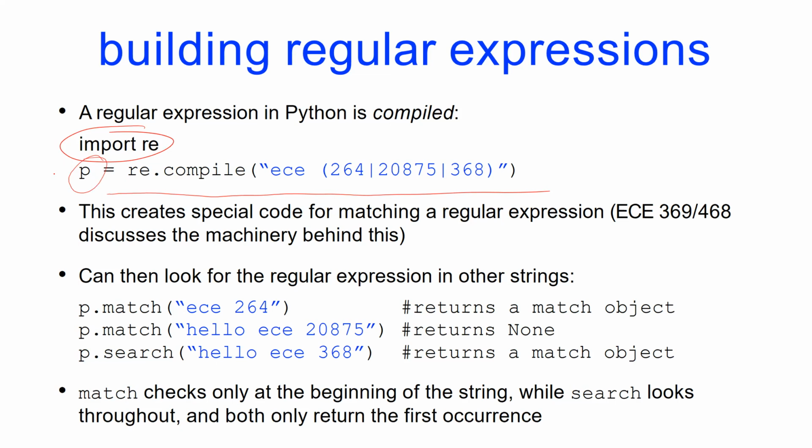What we can change is inside here, the place where you write your own regular expression based on the situation. And then you can use p to do things. For example, match and search are the two common operations.